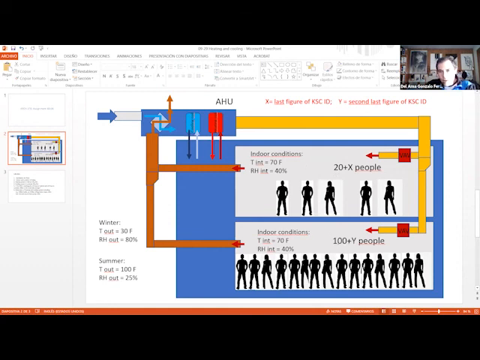But if we have 100 people in this room and 20 people in that room, that means that if we have a variable air volume, I can control the airflow. If we don't have the variable air volume, and the maximum people here, it's 100, then we will be using 100 people here, 100 people there, and we will be losing a lot of energy. So I will explain what a variable air volume is, but well, that's the concept.